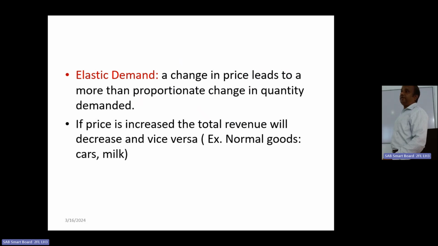From the firm's point of view, if the price is increased, revenue decreases in that case. That's why with normal goods, like cars, if the prices increase, we know what happened in the automobile market because of these restrictions. Car prices went up significantly and demand also decreased.